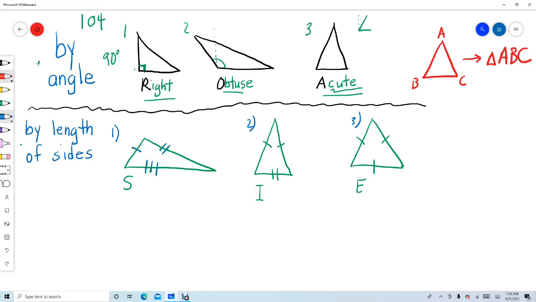They refer to the fact that each side is a different length. What they're saying is that this is different than this, and those 2 are different than this third leg here. So the 3 sides are all different lengths. I didn't tell you this is called scalene, sorry. 3 different lengths, that's called scalene, right?